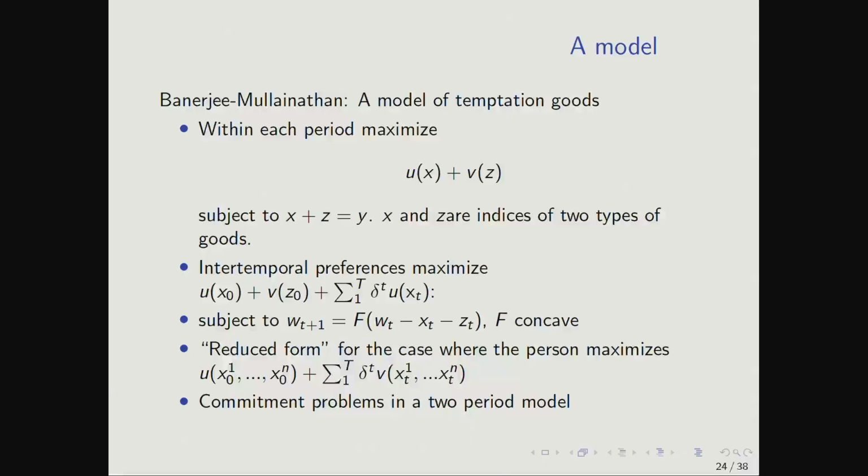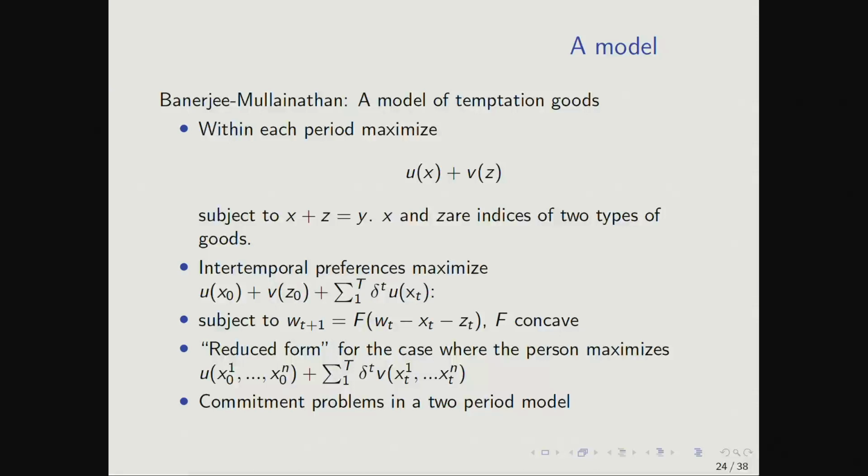So there are 2 periods, and within each period there are a potentially infinite number of periods, but even 2 is sufficient to create that inconsistency. And within each period, you maximize your utility over the non-temptation good and the temptation good.